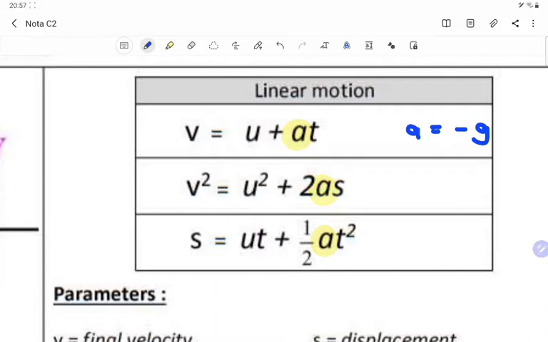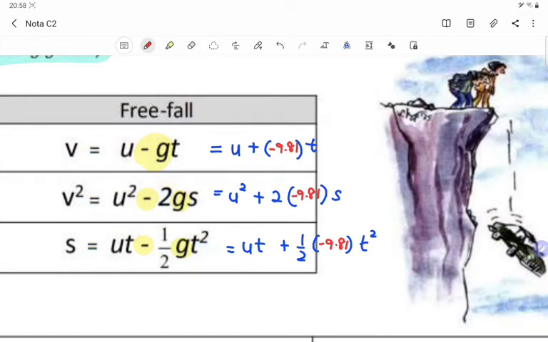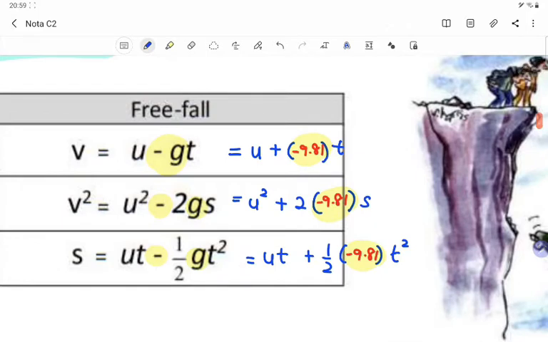Acceleration adalah negatif sebab dia turun ke bawah. So here we have changed a kepada negatif g. Ataupun awak boleh kekalkan formula yang asal, cuma pada a tu awak ganti dengan negatif 9.81. So make sure sign negatif tu ada sekali sahaja.